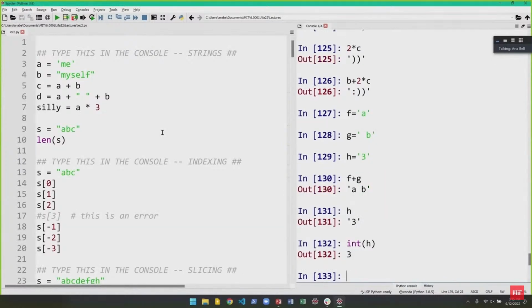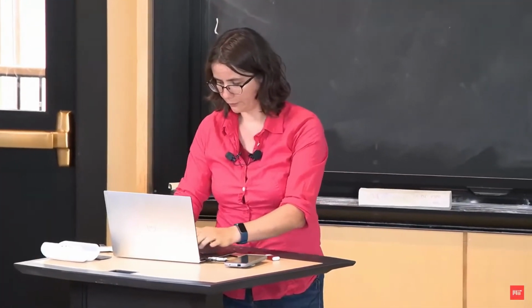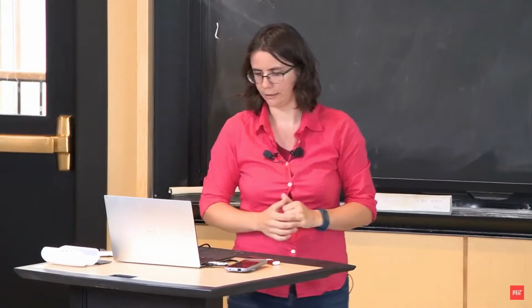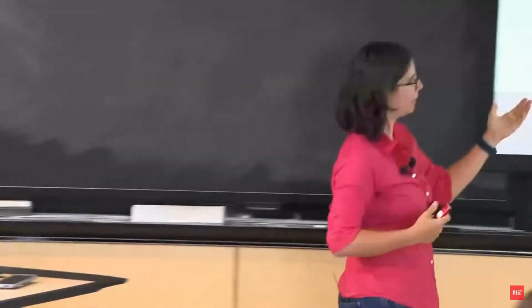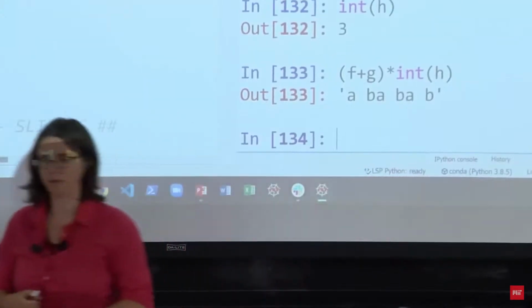And we can wrap each of these in a type command to see the exact type, but we can tell right away. So if we do f plus g multiplied by int of h, which is just a 3, it's going to repeat a space b 3 times. So there's 1, there's 2, and there's 3.